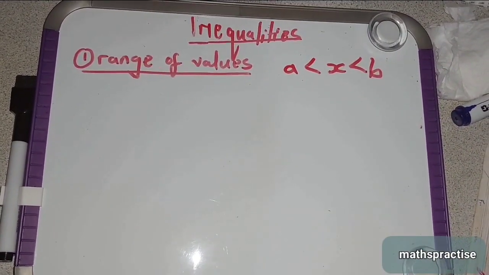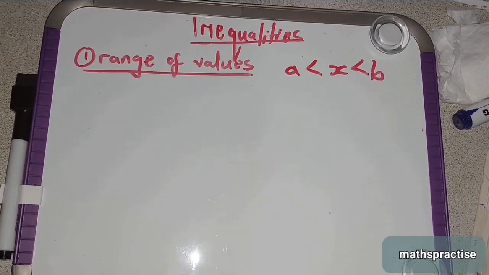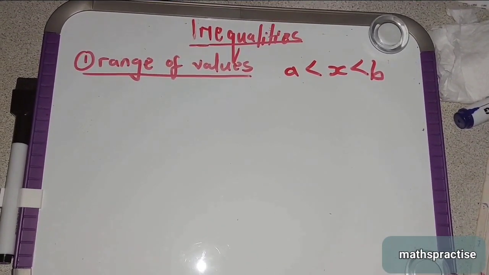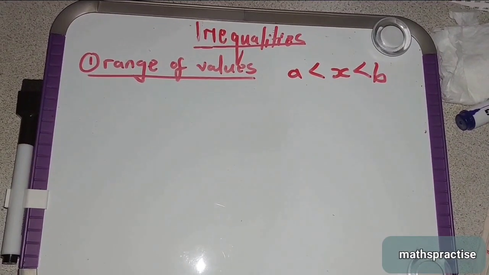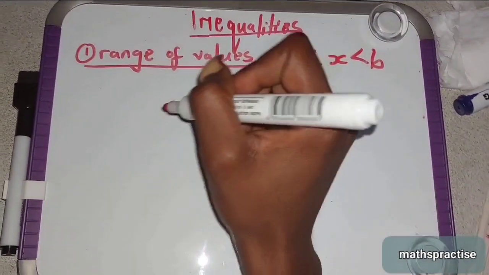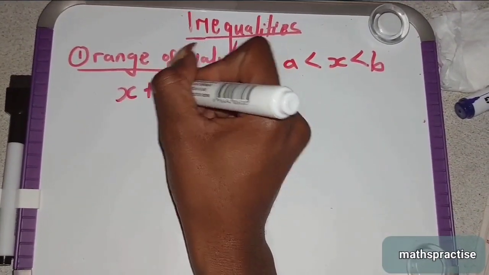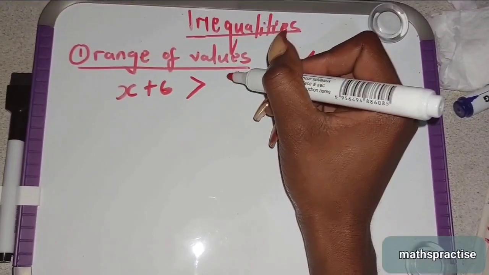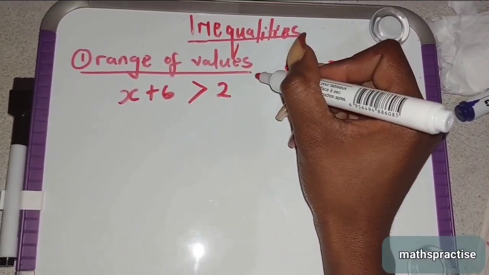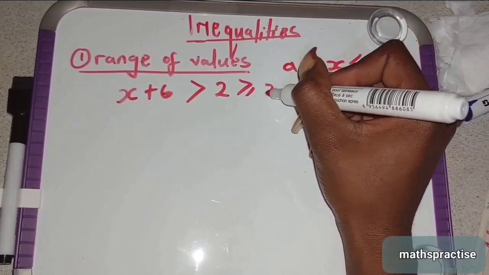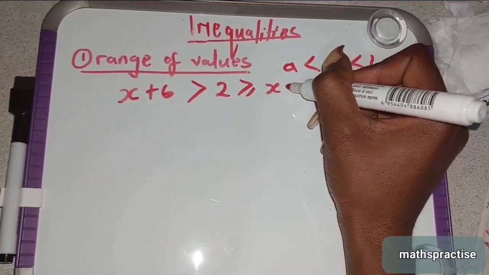This will be in the case where we have a linear inequality that contains two inequalities. For example, we can be given two inequalities, that is x plus 6 is greater than 2 and is greater than or equal to x minus 5.